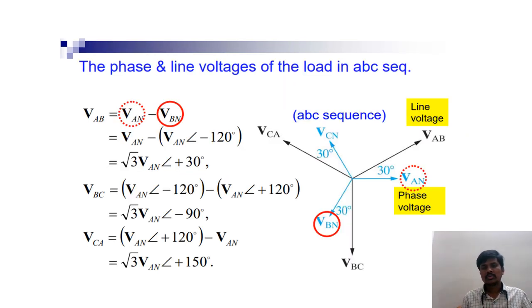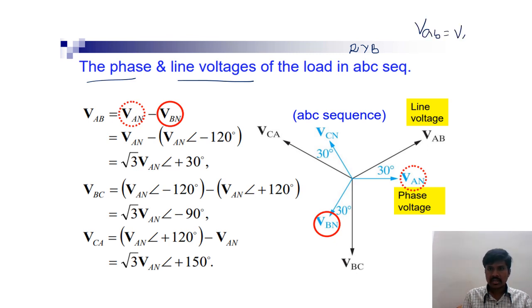Now we are going to represent the relationship between the phase voltage and line voltage. Here you can also consider the ABC sequence as well as the RYB sequence. Now here, as we studied in vectors, VAB is equals to VAN minus VBN, or else you can take VA minus VB.